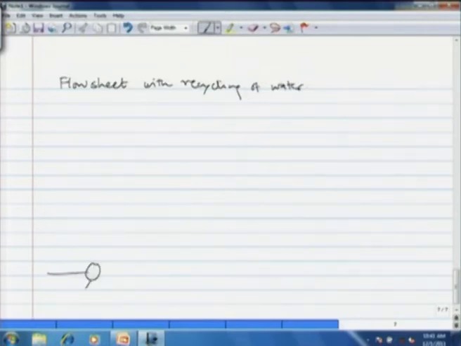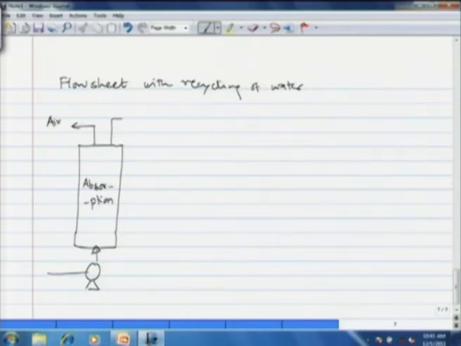The first unit, which is the absorption column, remains the same. The stream emerging from the absorber contains water with dissolved acetone, which is heated.